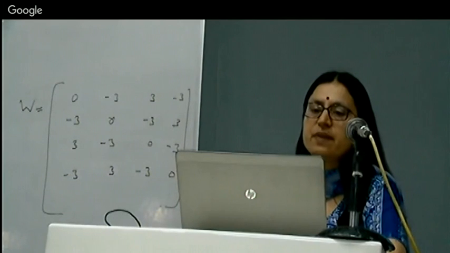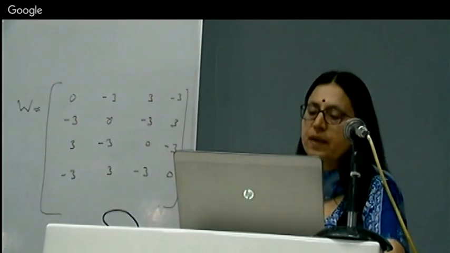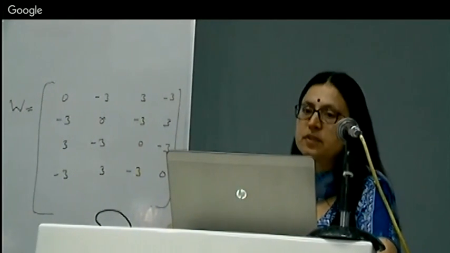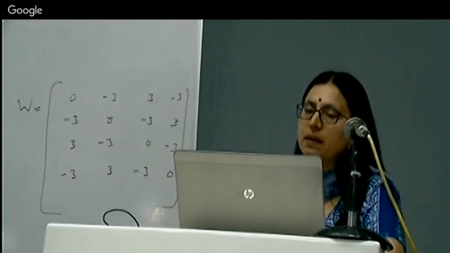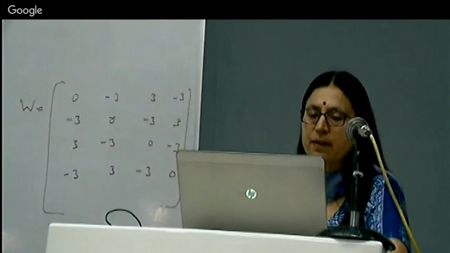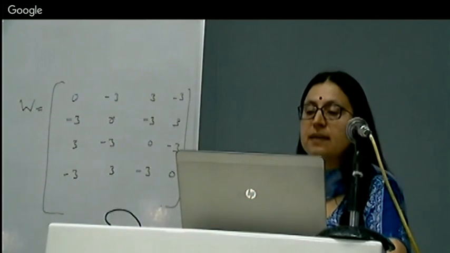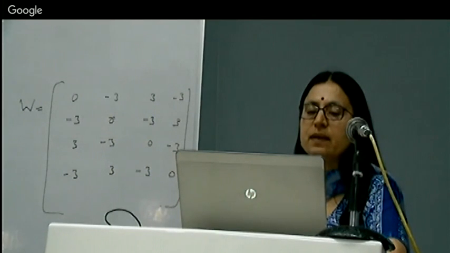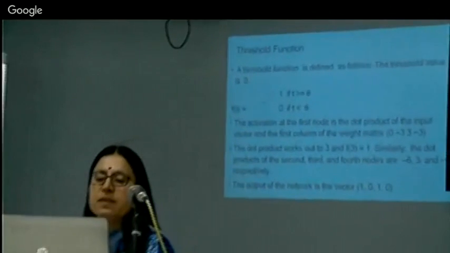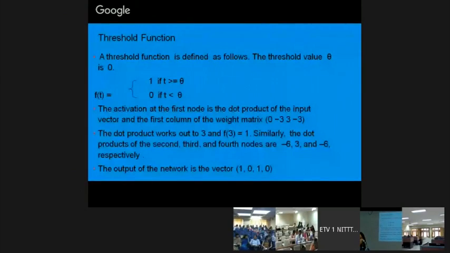So if this is the weight matrix, then we have to apply some threshold function also to find out the output vector when an input vector is applied. So say the threshold function that is used is as given: f(t) will be 1 if t is greater than or equal to theta, where theta is 0, and f(t) will be 0 if t is less than 0.